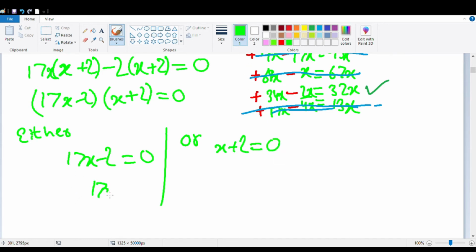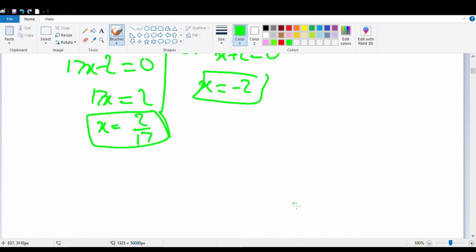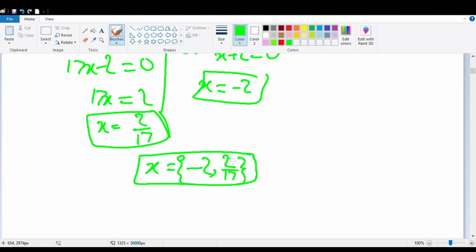So here 17x is equal to 2, and that way x is equal to 2 divided by 17, or x is equal to negative 2 this way. So x is equal to negative 2 and 2 divided by 17. Okay, so let's move on.